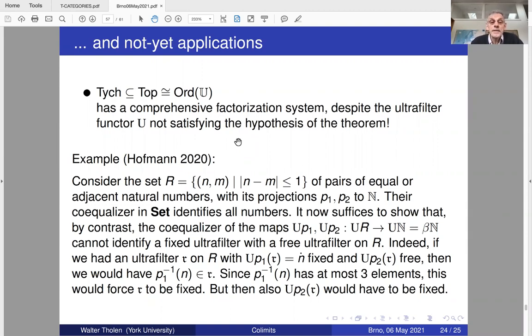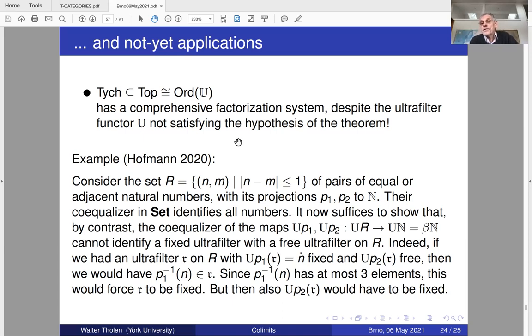Because if you had an ultrafilter, say 𝔯, on the set R of the relation, where the one projection sends it to a fixed one and the other to a free one, well, the first one, if it is fixed, then you get at most a three-element set in that ultrafilter 𝔯, which makes the whole ultrafilter fixed.